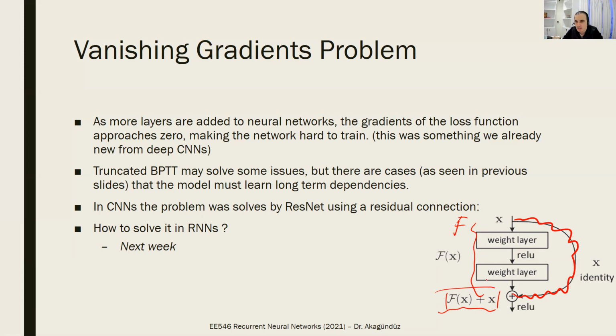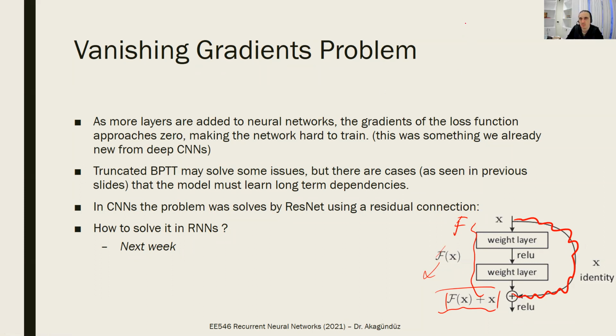In the forward pass, imagine f of x is a rubbish function and it doesn't work. You're passing x, so at least you're not losing anything. That layer is just not providing you anything. And in the backward run, that's where the gradients could pass without any problems.